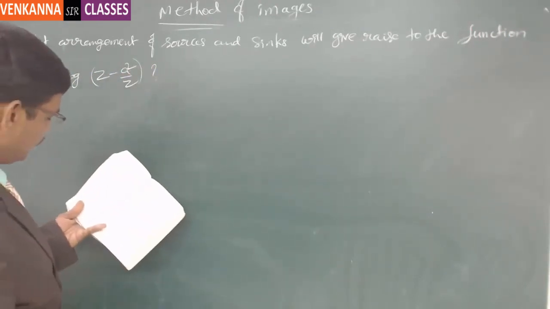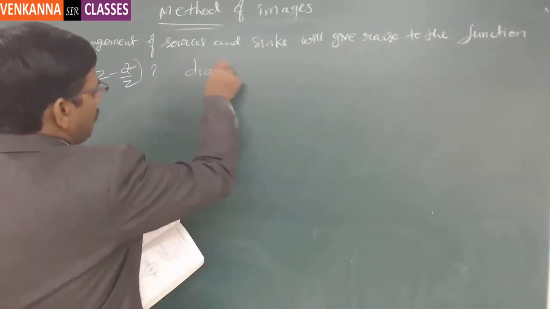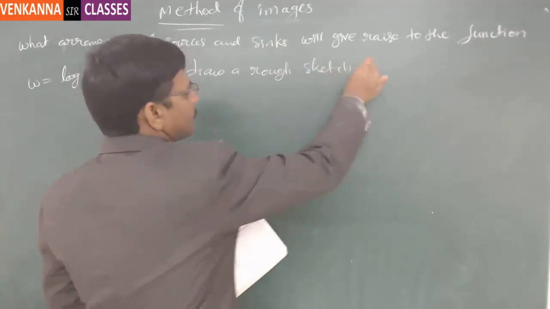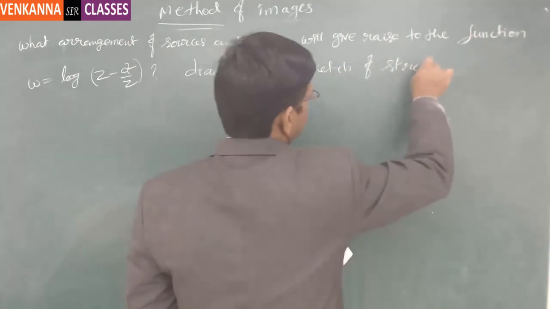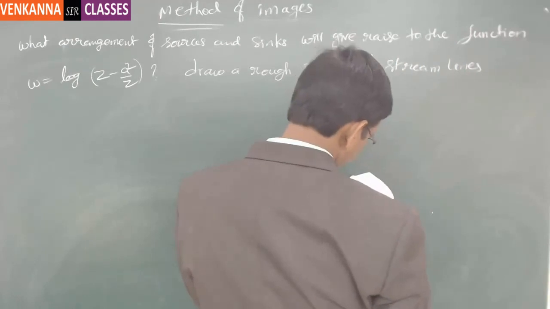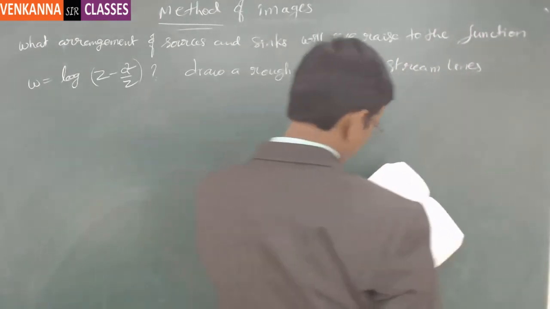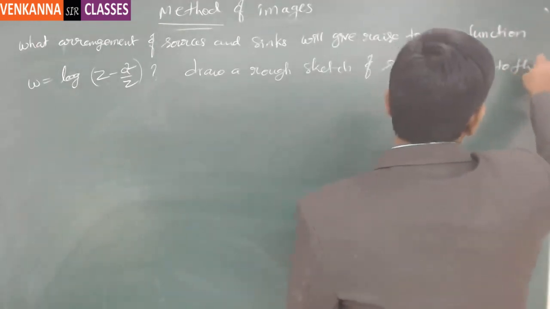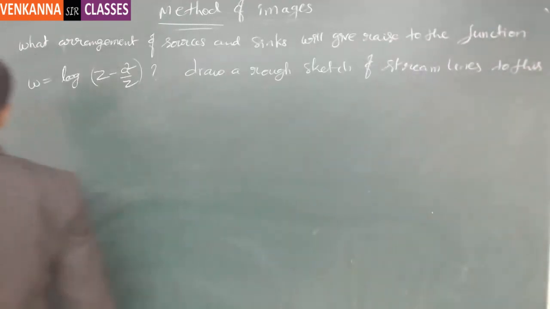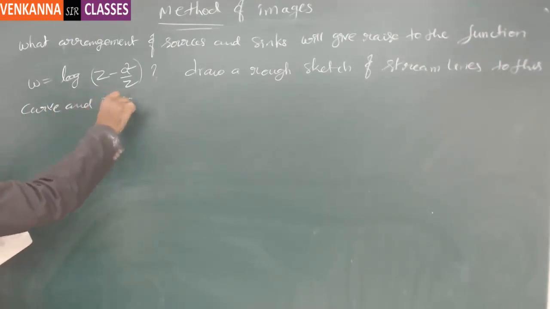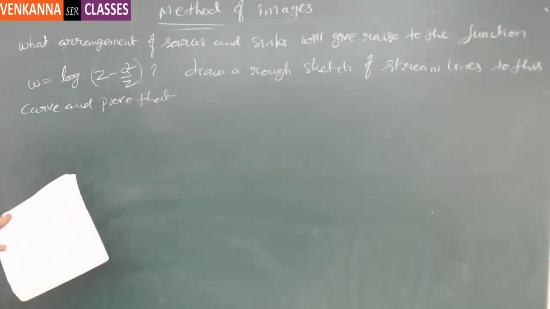Draw a rough sketch of the streamlines to this curve and prove that two of them subdivide into the circle.